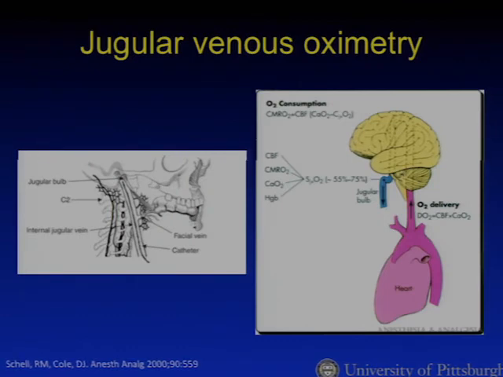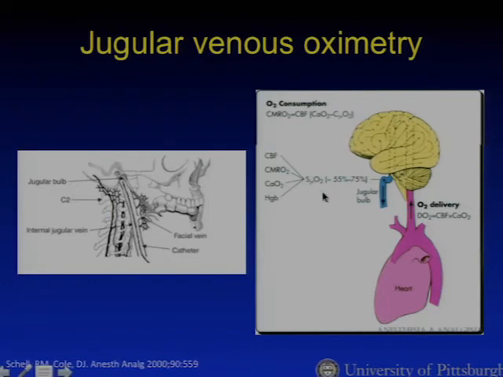Turning now to jugular oximetry, you can advance a catheter with the tip up here in the jugular bulb as long as you're at or above the level of C2. There is very little extracerebral contamination of this venous blood here, and you can either intermittently sample blood for gas analysis or use a fiber optic catheter for continuous jugular oximetry.